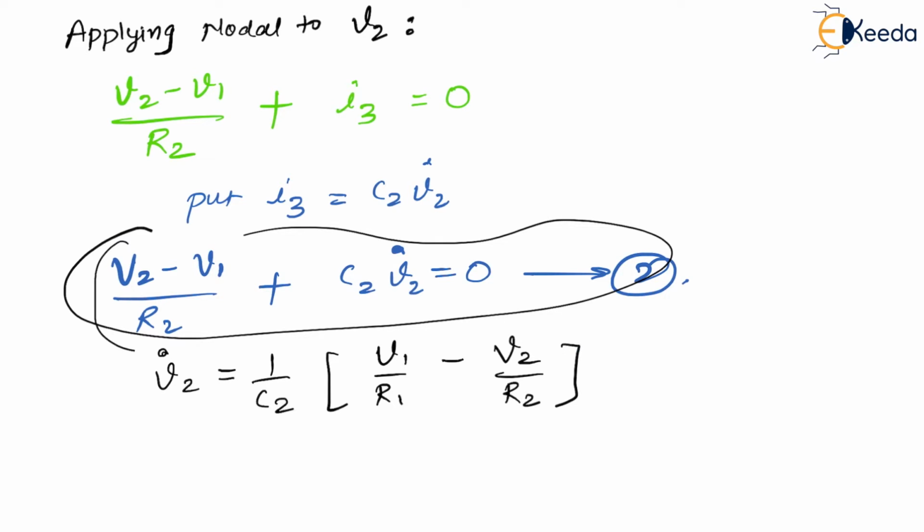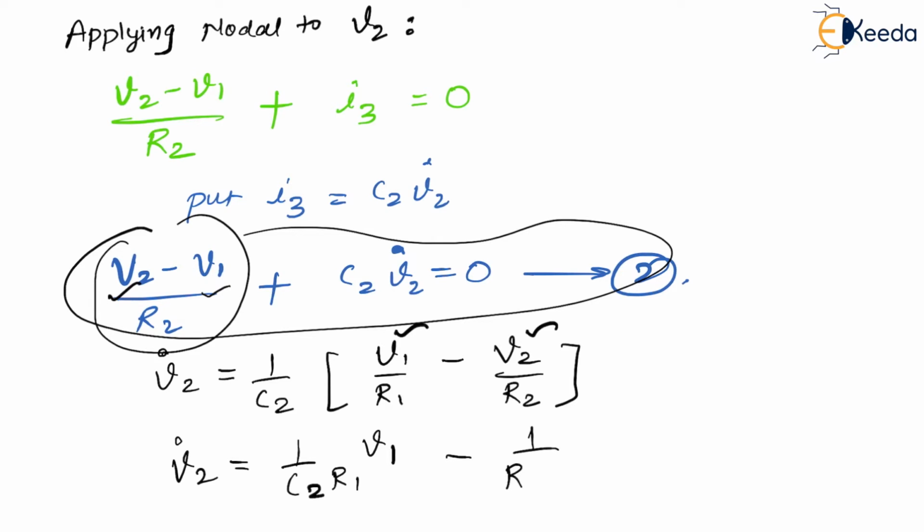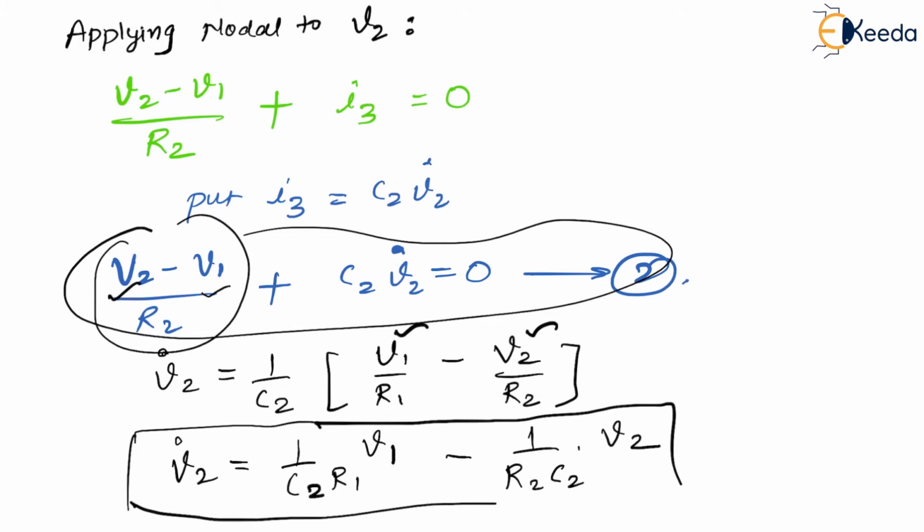When this one goes there, V2 will become minus and V1 will become plus. That is how we have got this V2 dot. Let me write this: V2 dot is equal to 1 by C2 R1 into V1 minus 1 by R2 C2 into V2. Let me call this equation 4.